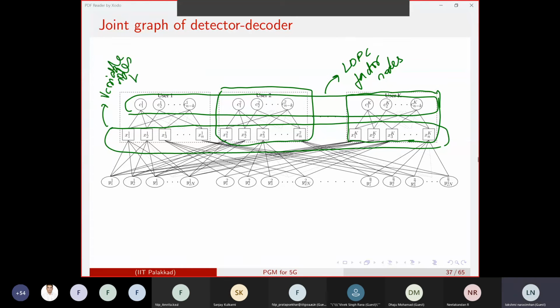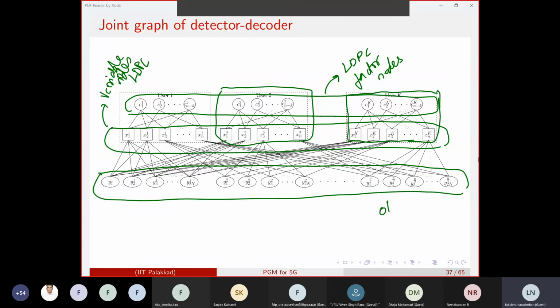And these variable nodes of LDPC also act as the variable nodes of the demodulation. And these are the observation nodes or the factor nodes of demodulation.